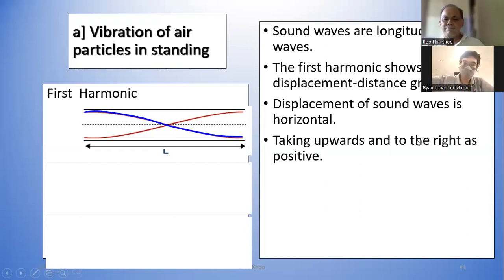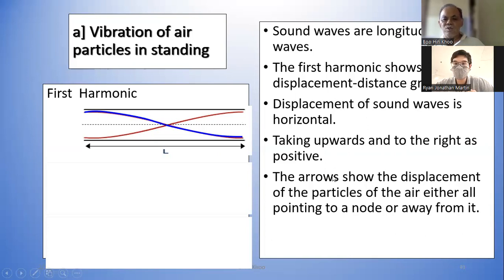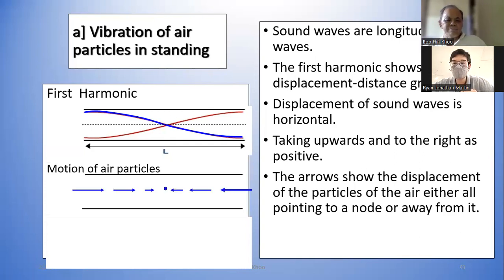Taking upwards and to the right as positive. Usually we take upwards as positive, to the right as positive. The arrows show the displacement of the particles of the air, either all pointing to the node or all pointing away from the node.